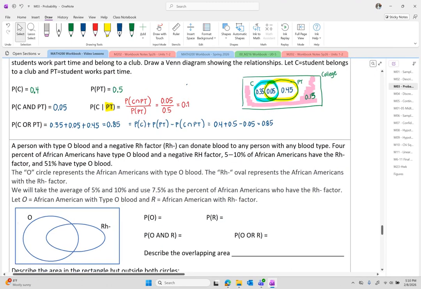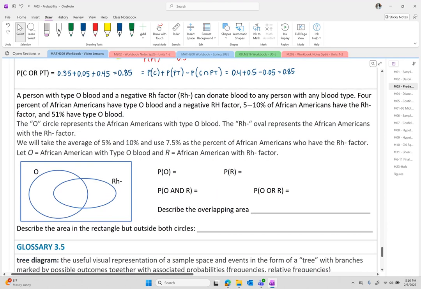Our last problem in the category of Venn diagrams has to do with blood type. A person with blood type O and a negative Rh factor can donate blood to any person with any blood type. 4% of African Americans have type O blood, so that is 0.04 or 4%.